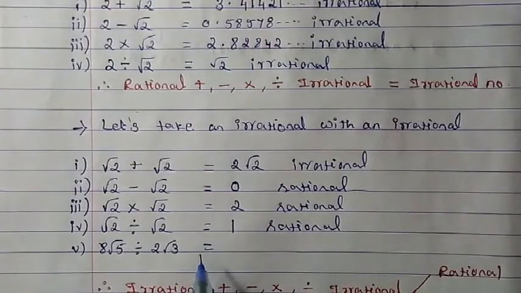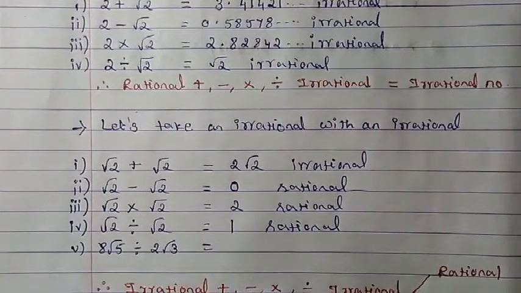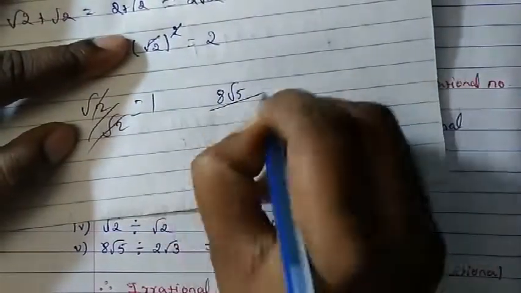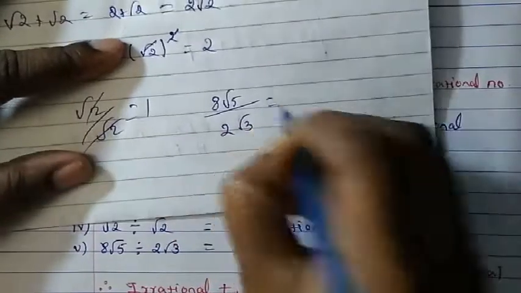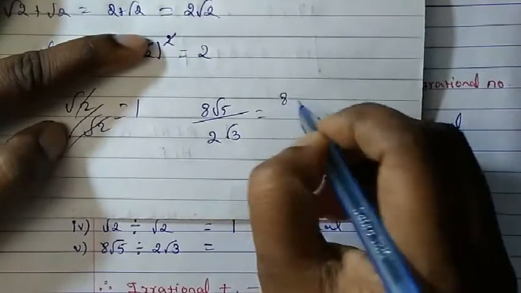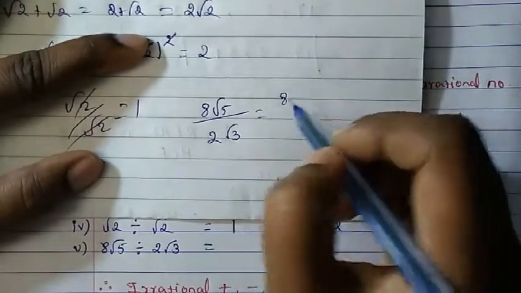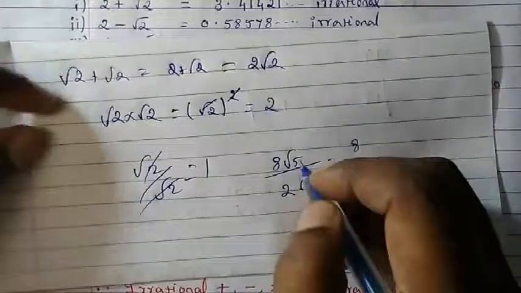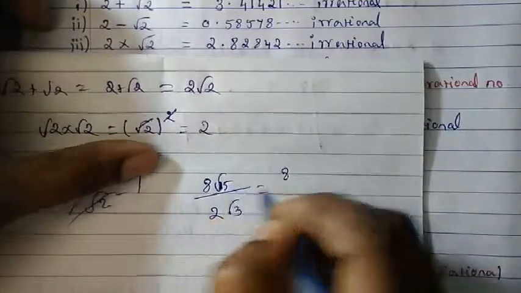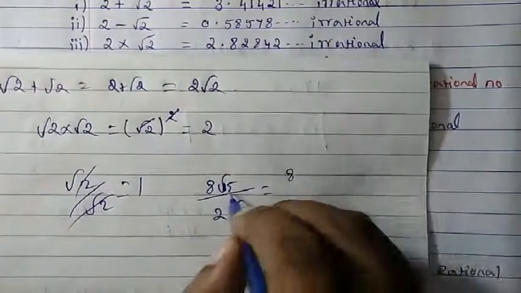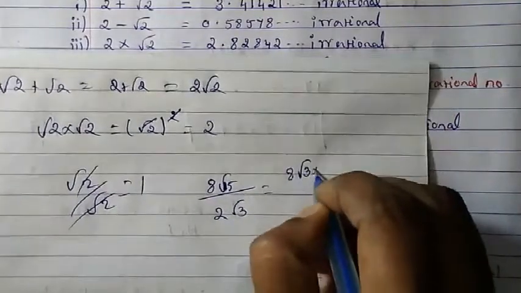Now in the same way, if we are calculating 8 root 15 divided by 2 root 3, this can be written like this: 15 can be written as 3 into 5.